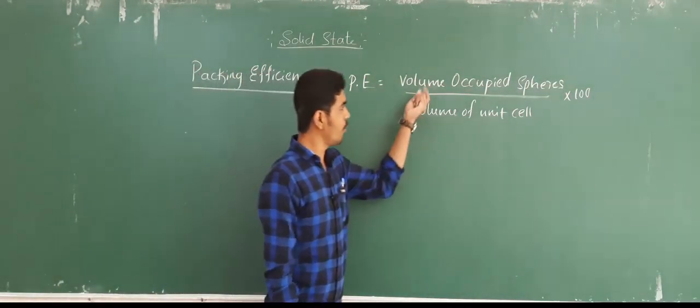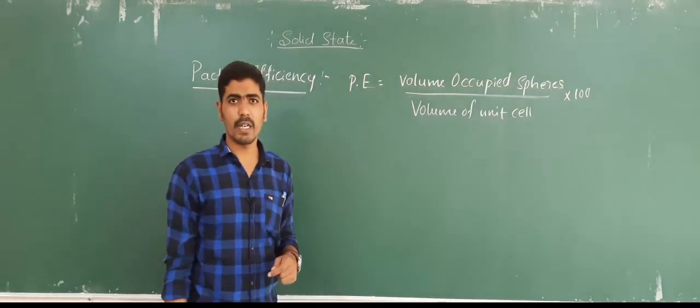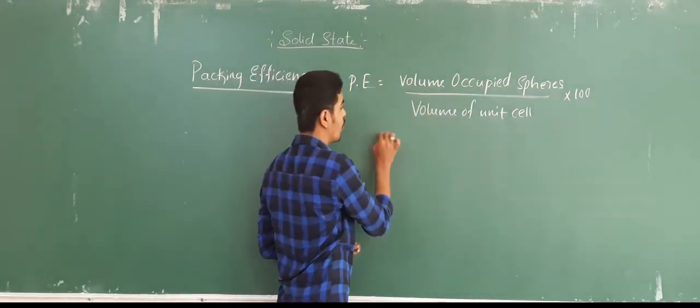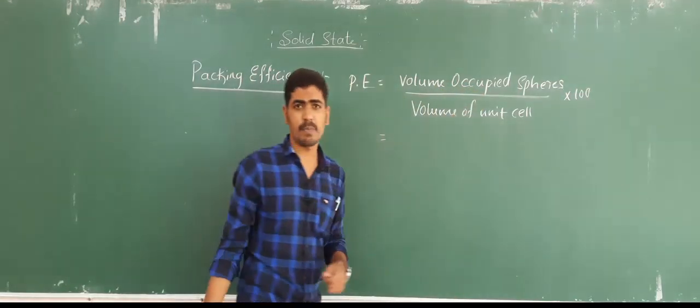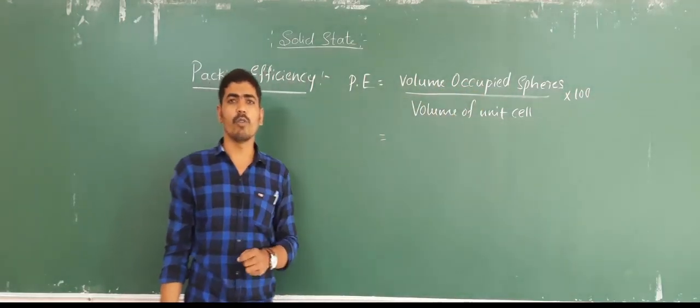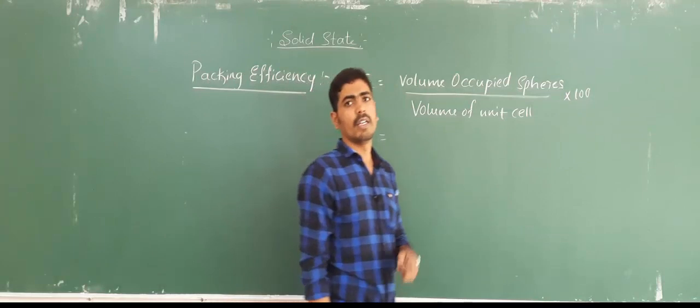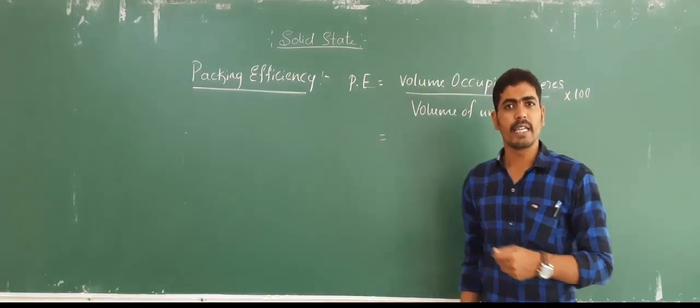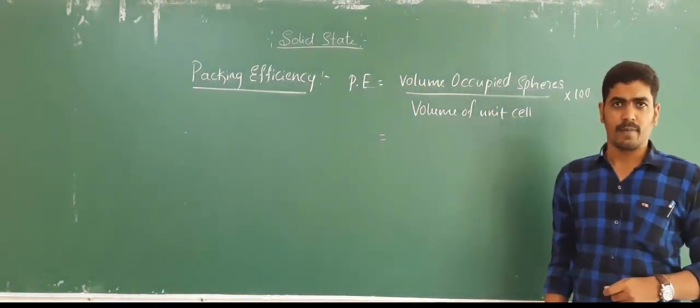Now here, how do we find the volume occupied by spheres? If we want to find the volume occupied by spheres, first you should know how many particles are present in that unit cell.